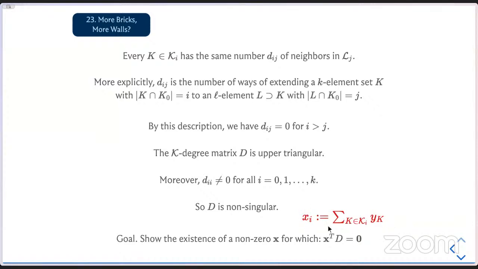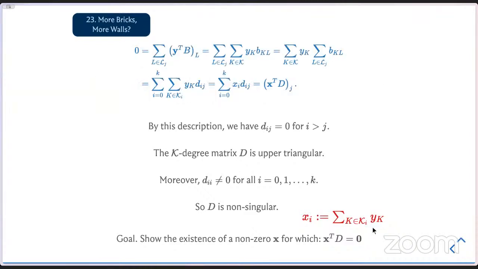So this is a non-zero vector X that you've gotten out of Y, and then it's really just a calculation. I mean, there isn't anything deep going on here. You claim that D takes X to 0, even though X is non-zero, and to argue that, I found it more convenient to go at this from right to left, but you do the natural expansions and things work out. So this part of the argument is kind of routine.